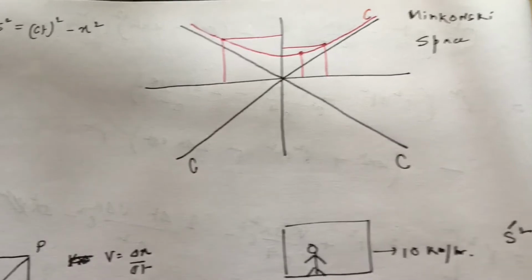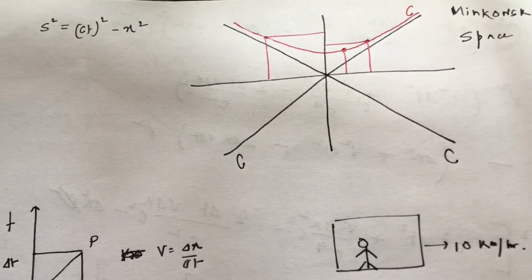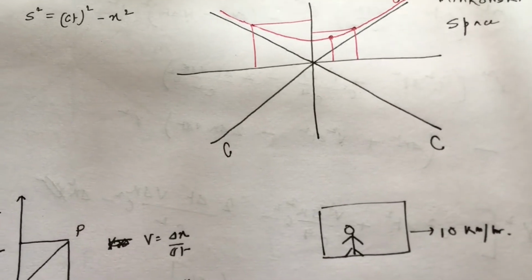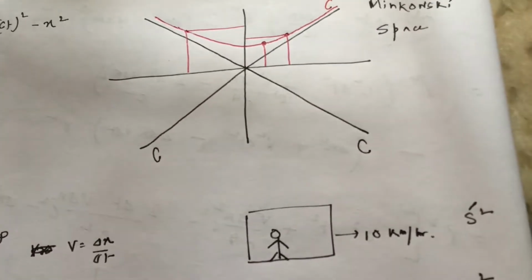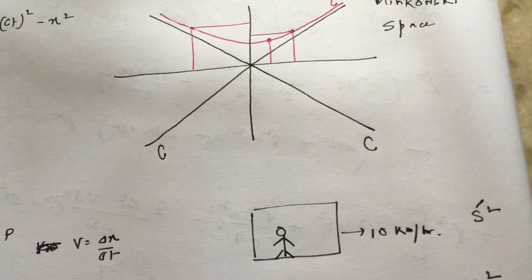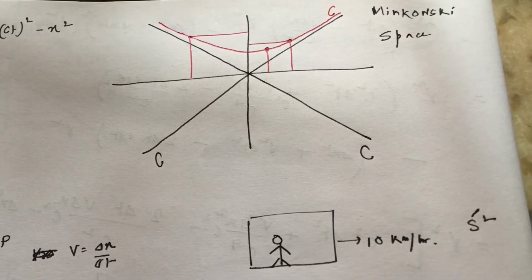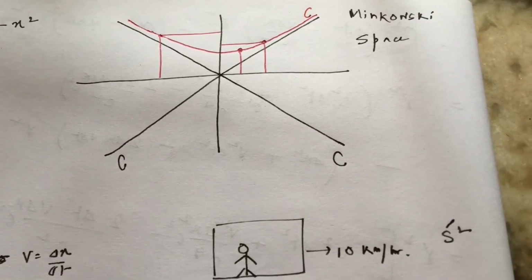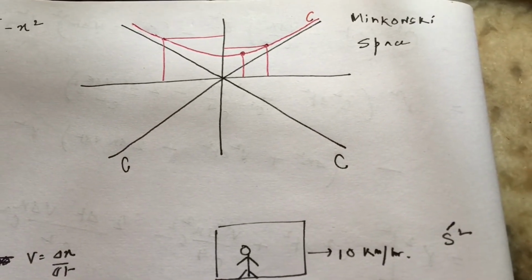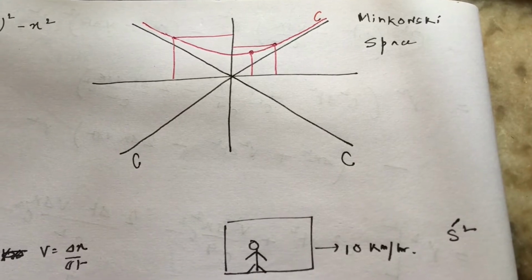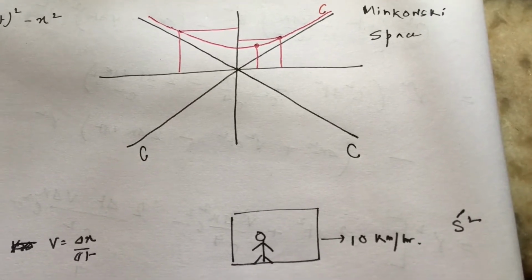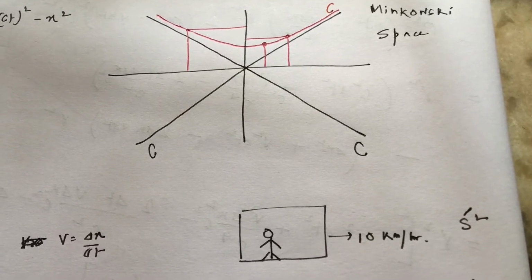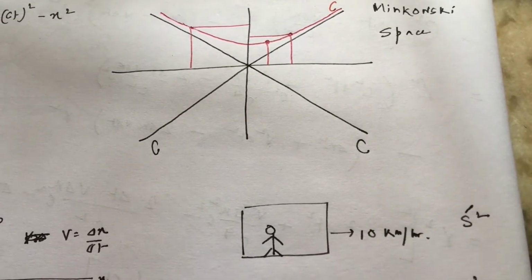But if we put those values of t and x into s square, we'll find that s square for all the points on the red hyperbola remains constant. And the object is moving along this hyperbola with different coordinates of space and time. We may call this that the object is moving in a Minkowski space.